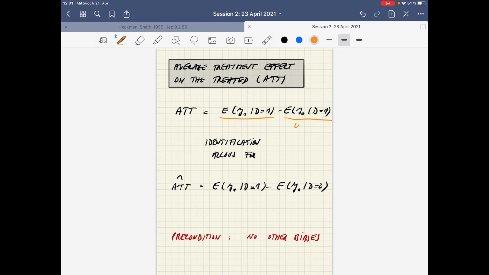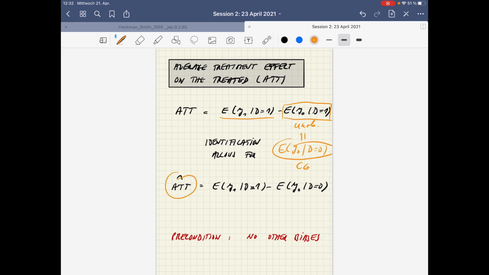So this one here is not observable, and if we allow for the plausible assumption, then we can take the observable behavior of the control group as a proxy for the unobservable counterfactual behavior of the program group.